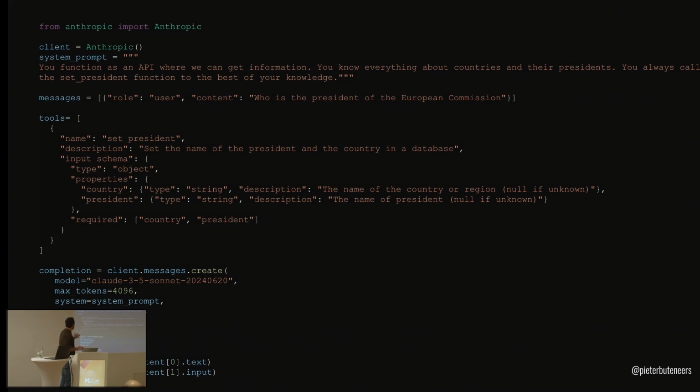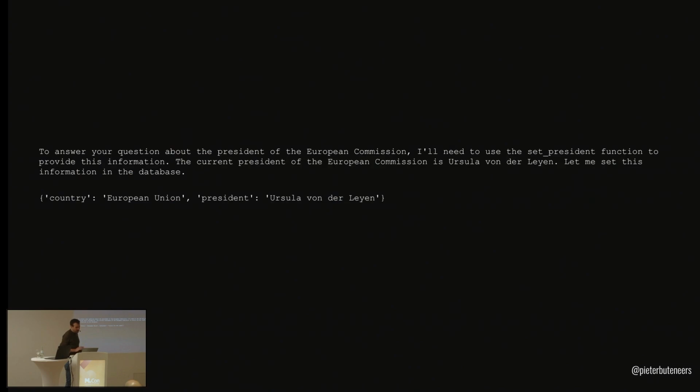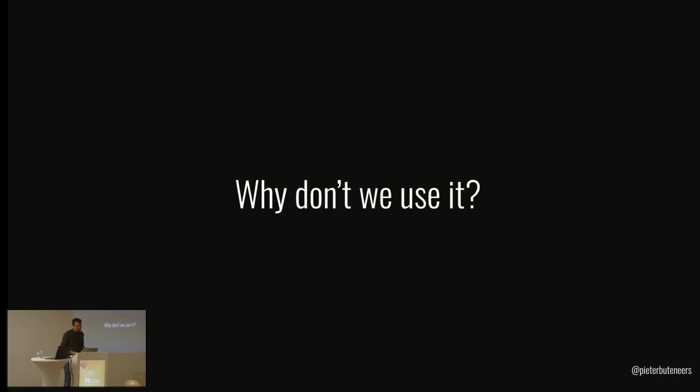Well, you can try with other models and see what it does. And if you try with the right prompt, you actually get a text and then whatever you need to call your function. You can make it work, but your prompt needs to be good. So why don't we use it? Because we could just use a better prompt.